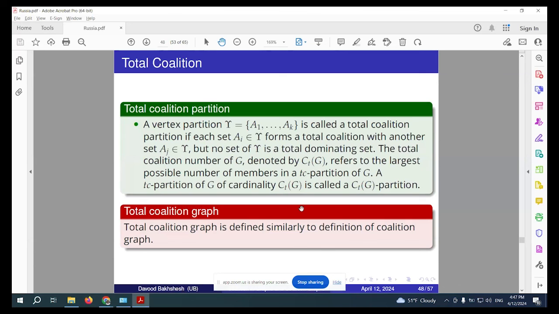The total coalition number of G, denoted by C_t(G), refers to the largest possible number of members in a total coalition partition of G. Similar to the definition of the coalition graph, the total coalition graph is defined.